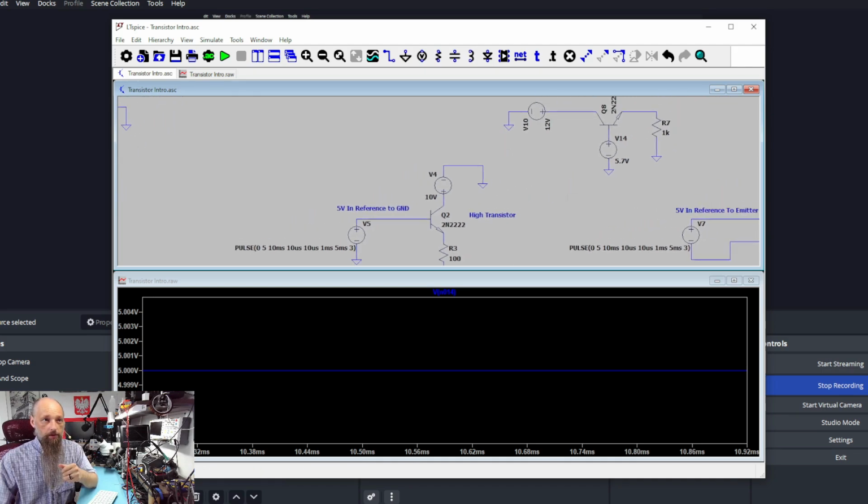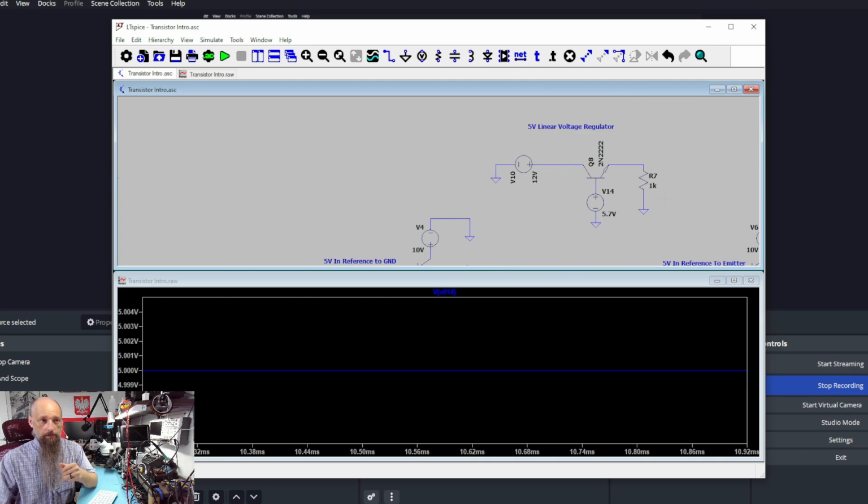For that reason, we can use a transistor as a linear regulator. And this is something that you will see in many circuits, especially in pile devices, the amplifiers. They love to use transistors as linear regulators, utilizing Zener diodes to stabilize the voltage on the base and using the emitter as a current source.